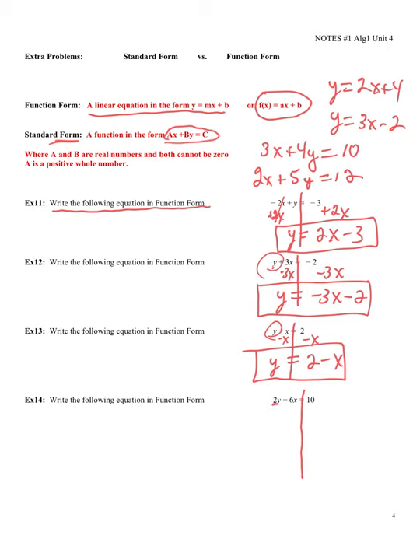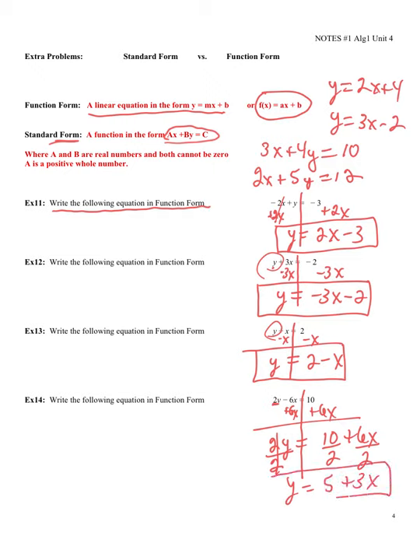So we're going to work on getting this term by itself, adding 6x to each side. So we'll have 2y equals 10 plus 6x. Then we're going to get y alone by dividing. And when you divide, you have to divide each term by the same number. So we're dividing each term by 2. This is 5 plus 3x. And voila, we have it in function form.